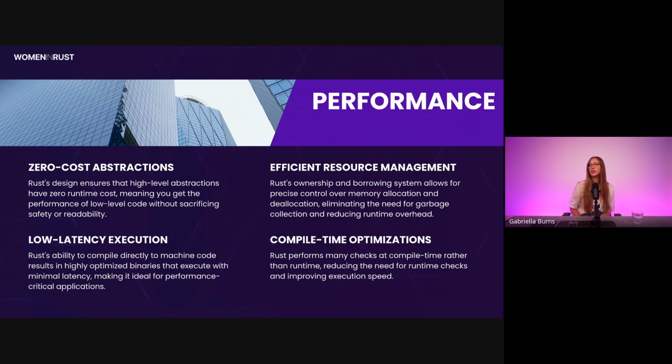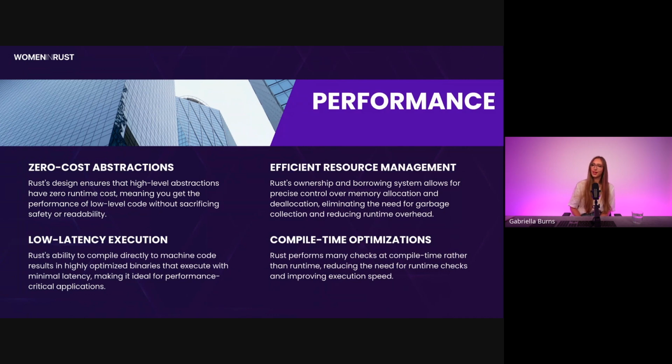Rust variable bindings have ownership over what they're bound to. So when a binding goes out of scope, Rust frees up the bound resources. So Rust design ensures that high-level abstractions have zero runtime cost. So you get the performance of low-level code without sacrificing safety or reliability.